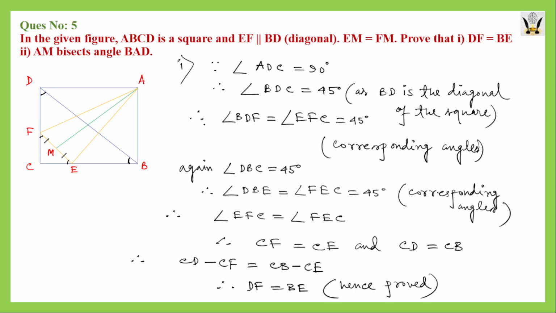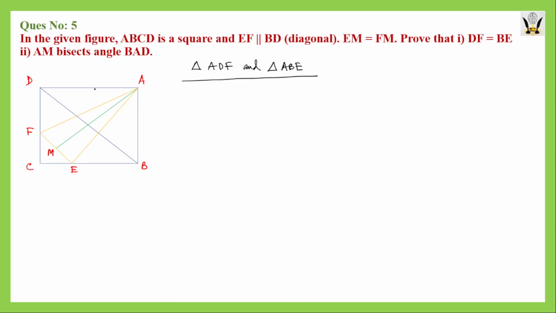Next we will prove the second part of this sum, which is that AM, this line, bisects the angle BAD, which is 90 degrees. Now from these two triangles ADF and ABE, we know that AD will be equal to AB because this is a square ABCD, and we have already proved that DF is equal to BE, and also we know that this angle ADF is 90 degrees, and this angle ABE is also 90 degrees.